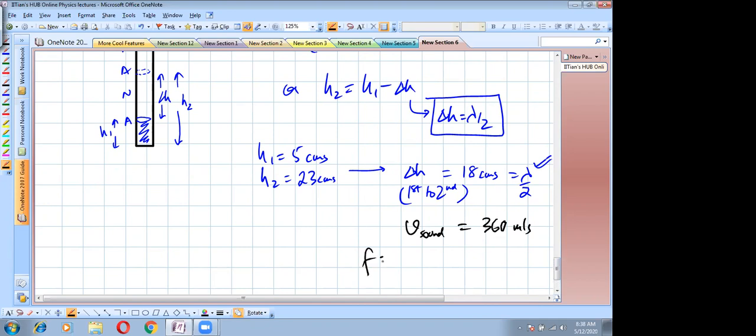From this now get the frequency and get the length of the pipe. Also given that there was a total of 9 resonances. Okay, so try this out.